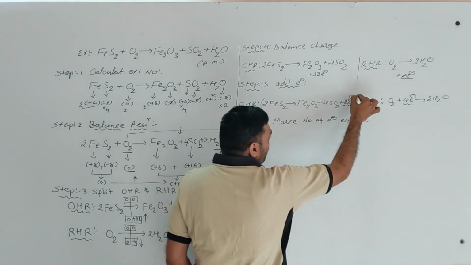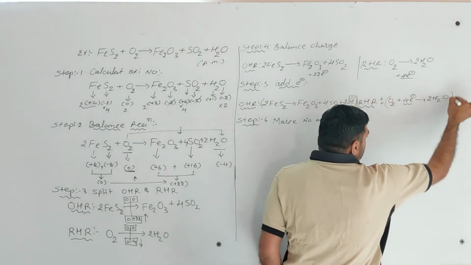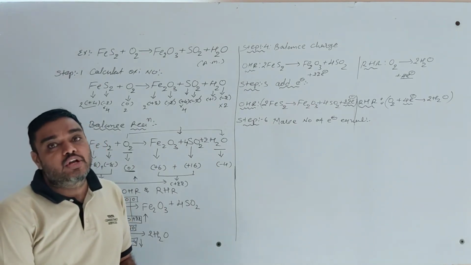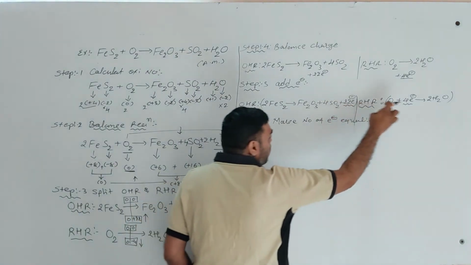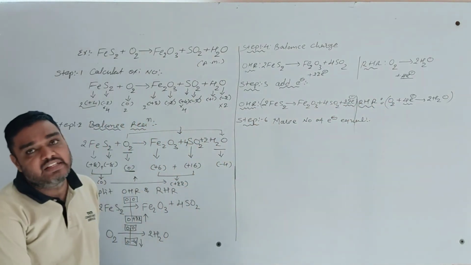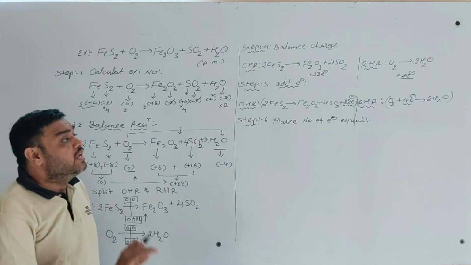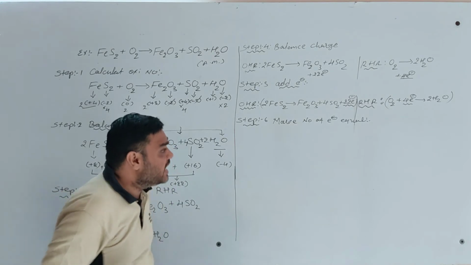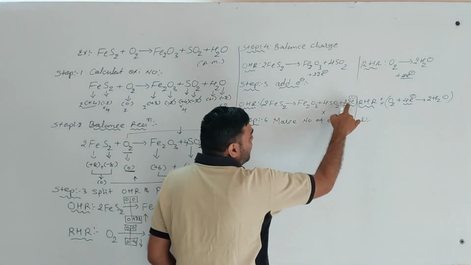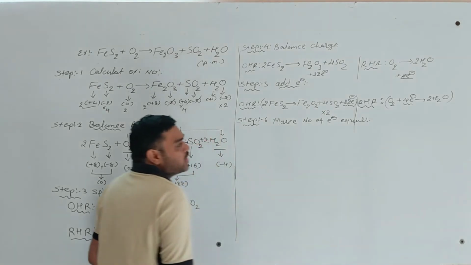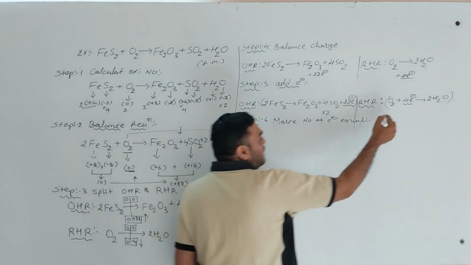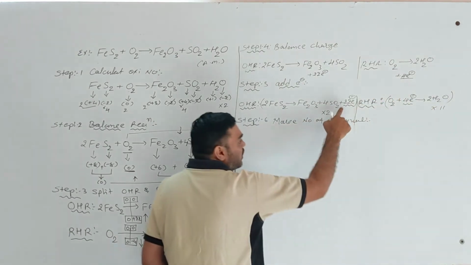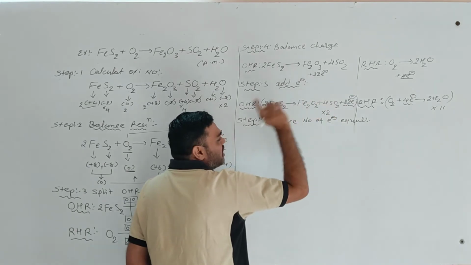To make it equal is necessary, because in the net reaction electrons are not present, so it is necessary that electrons are cancelled out from both half reactions, and that's why the number of electrons in both half reactions must become equal. So I will multiply here, 22 2s are 44, so multiply this with 2, and this reaction with 11, so 11 4s are 44 and 22 2s are 44.